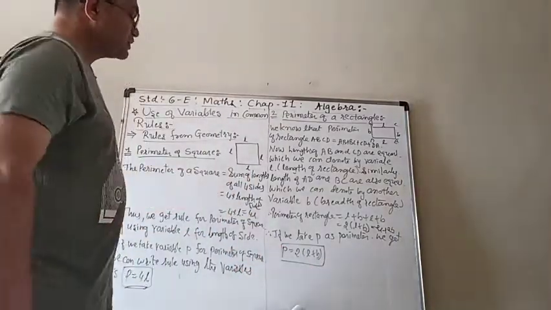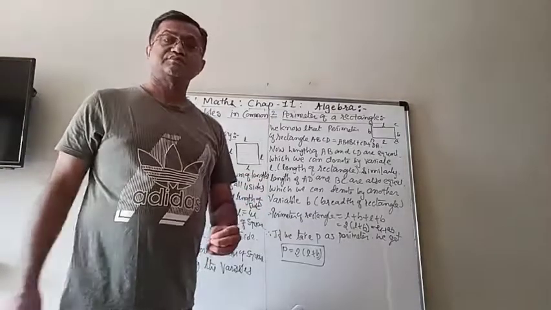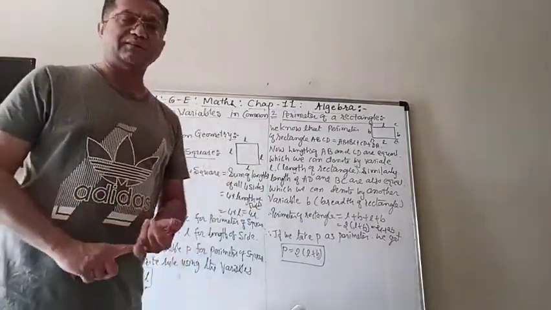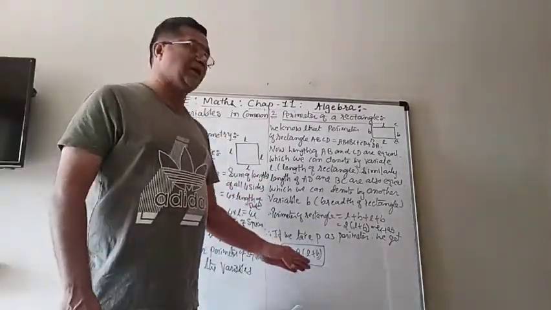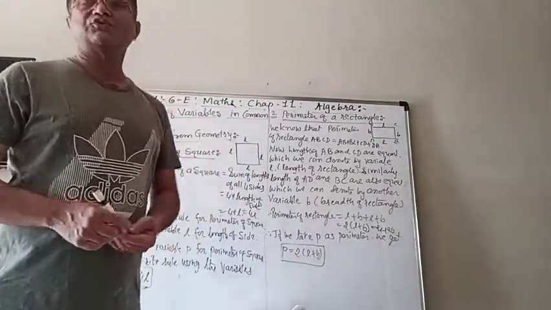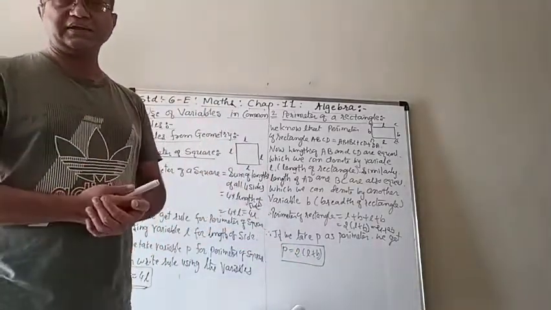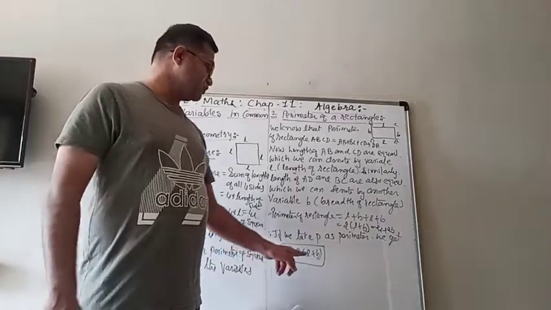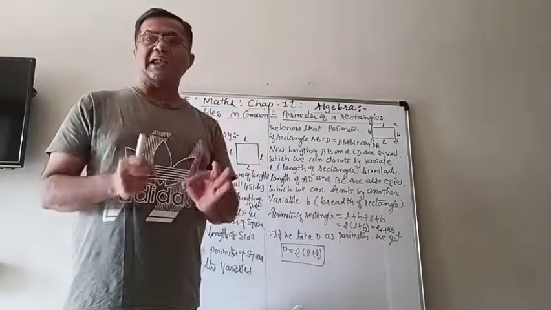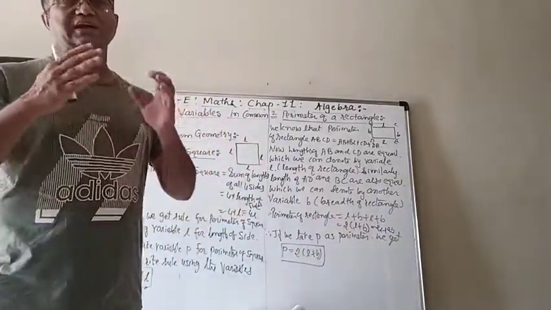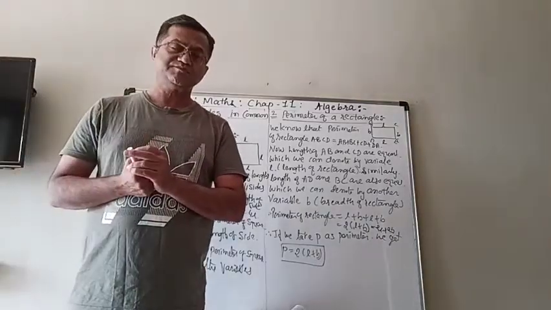So here also, if we take P as the perimeter variable, we get the rule to find the perimeter of a rectangle: P equals 2 into bracket L plus B, meaning 2 times length plus breadth.